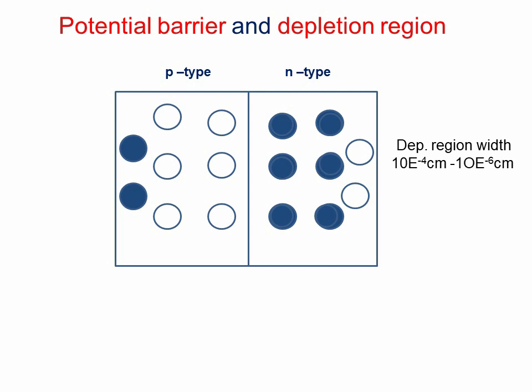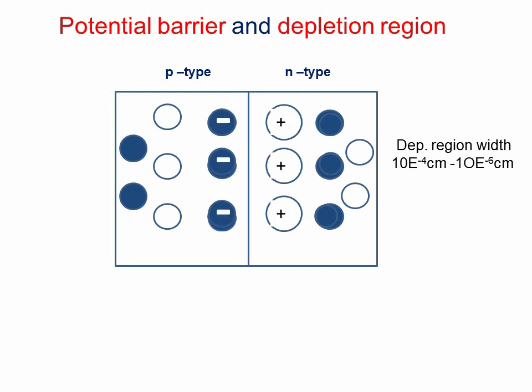During the formation of the p-n junction, the electrons nearby the junction in the n-type move to the p-type, where holes are already present nearby the junction. Hence, the electrons occupy the holes and they become ions.